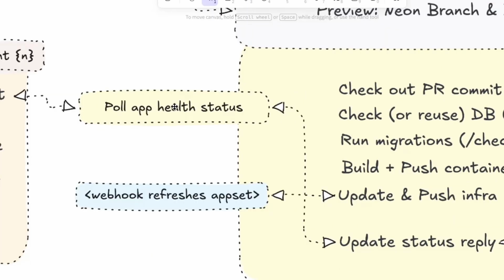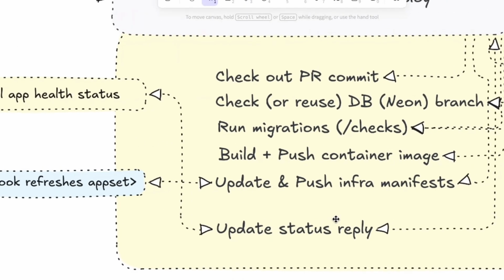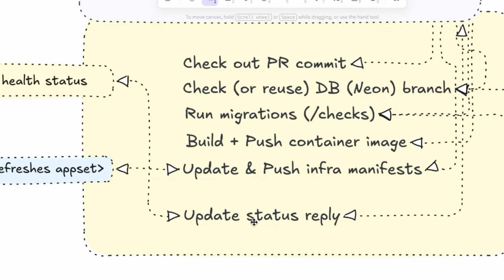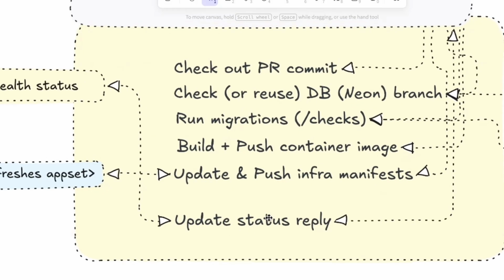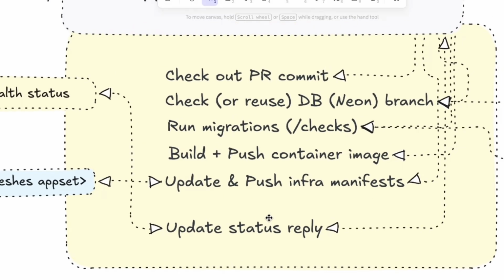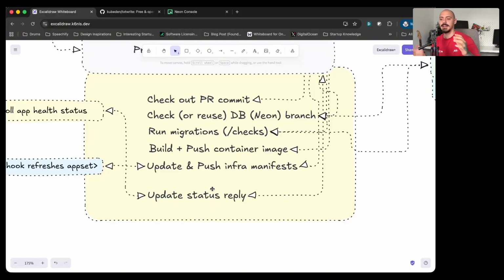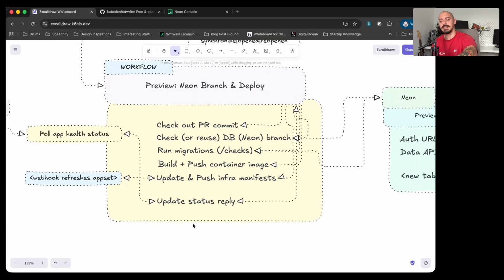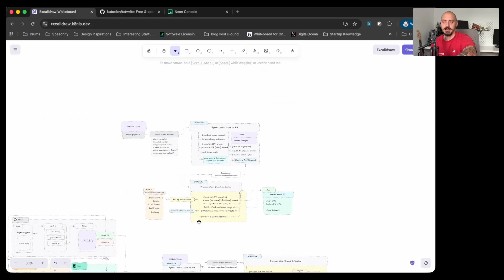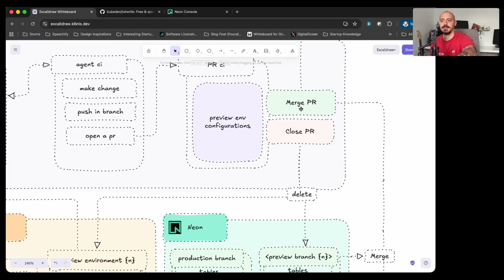When the application is healthy, we are updating the status reply, and we get a beautiful URL for us to test the changes that Codex did, which is quite amazing, honestly, because you see, it is an exact replica of my production environment, but it is a real environment, so I can see how all the changes would act on my production. Right? And then I check the changes. Again, if I like what I see, I merge. If I don't like what I see, I close the pull request, and that's done.